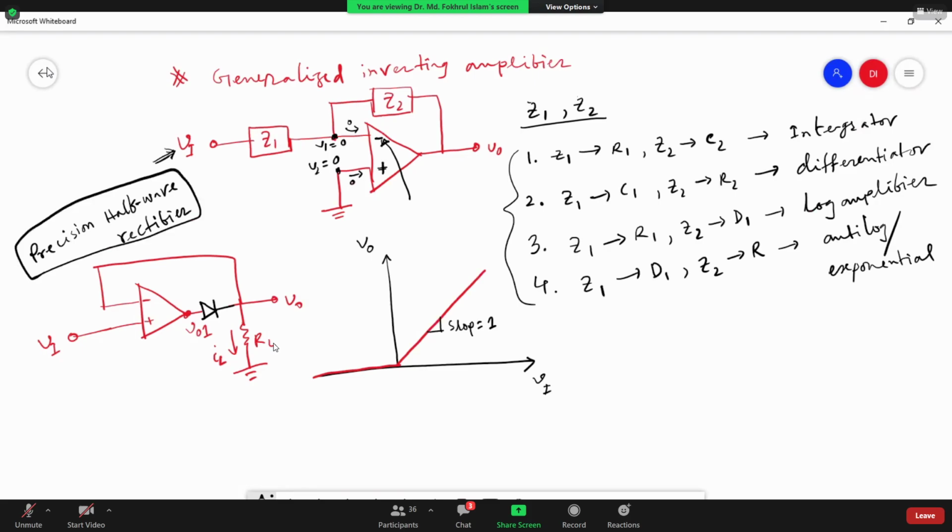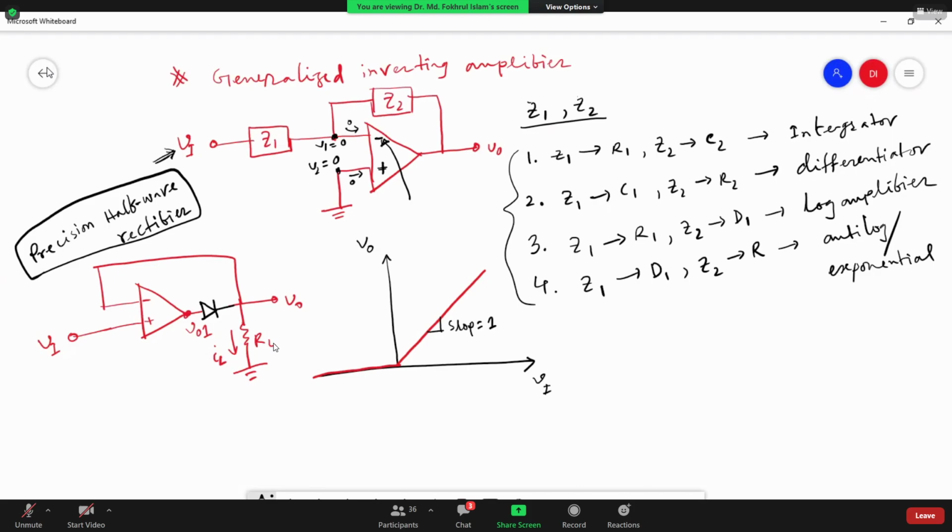This is a special kind of operational amplifier, it behaves like a half wave rectifier. So this is an op amp and diode combined. Okay, this is a half wave rectifier.